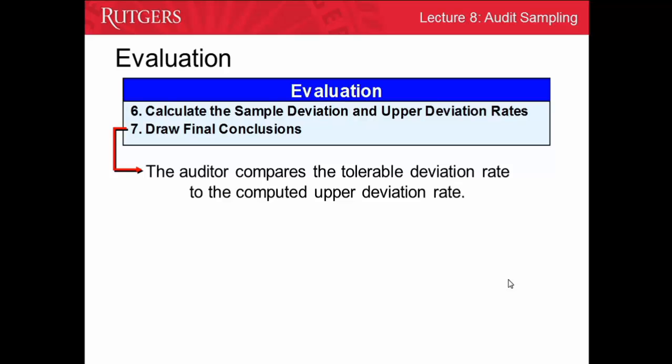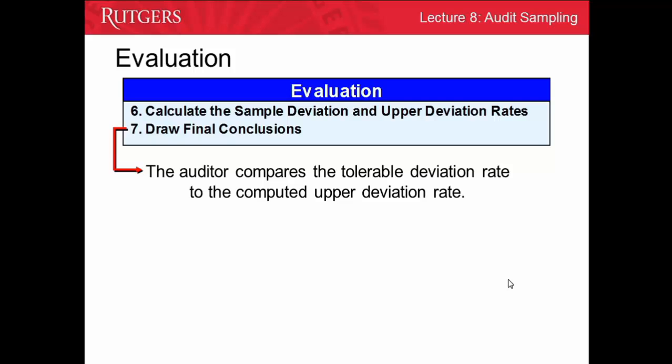Finally, the auditors should draw their final conclusions. In drawing a conclusion about the statistical sampling applications for tests of controls, the auditor compares the tolerable deviation rate to the computed upper deviation rate.